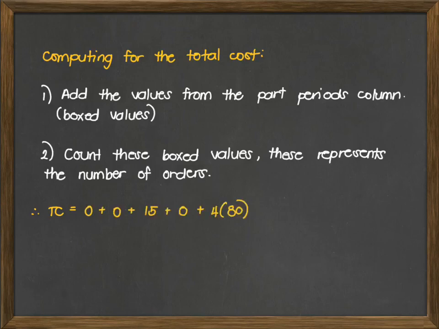So, we have 0 plus 0 plus 15 plus 0. Those are our boxed values. And then, we have 4 orders and we multiply it by 80. So, therefore, our total cost for PPB is $335.